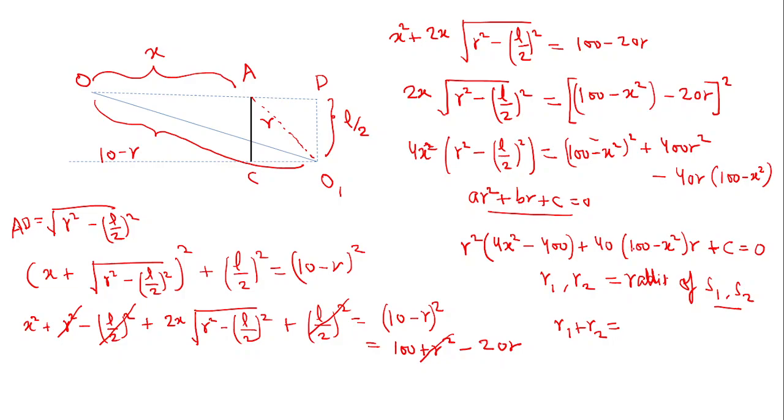Here minus b means 40 times X square minus 100, and a is 4X square minus 400. So take 4 common and you get 4 times X square minus 100. Both up and down cancel and you get R1 plus R2 as 10, which is the final answer.